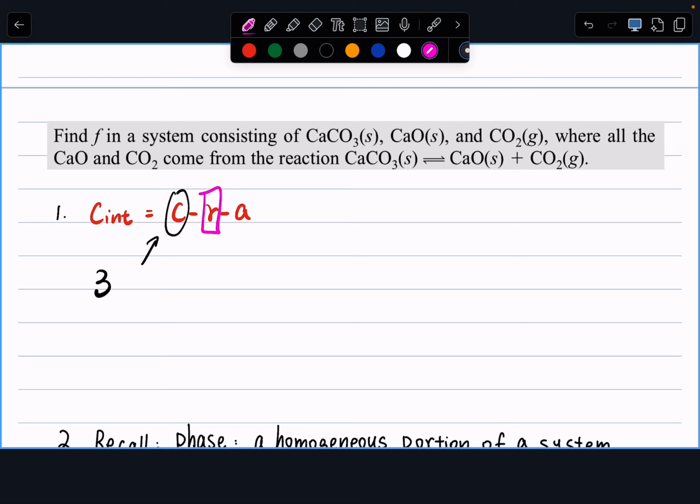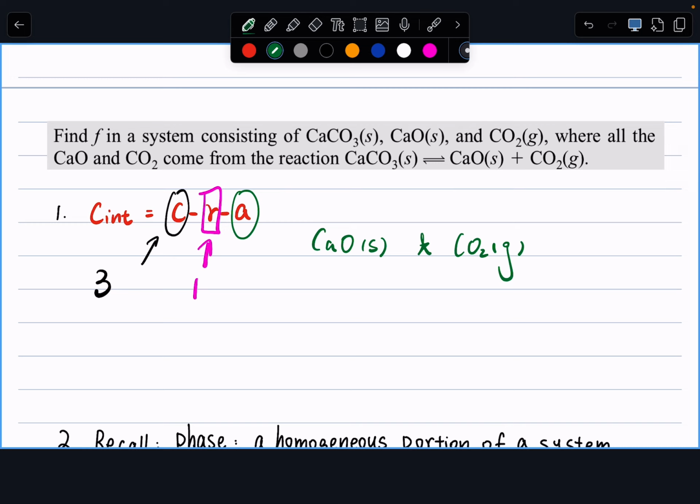We have one reaction taking place. And then the additional relation is a tricky one. You would tend to put 1, but the tricky thing is that the calcium oxide solid, the CO2 gas, and the calcium carbonate are in different phases.